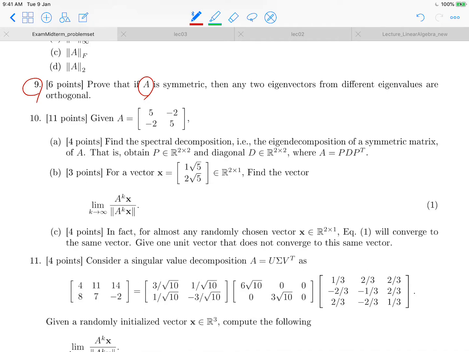We didn't prove it, but I strongly encourage you to check out that proof. But if A is symmetric, they are not just linearly independent. They are even orthogonal, right? And how can we prove that?